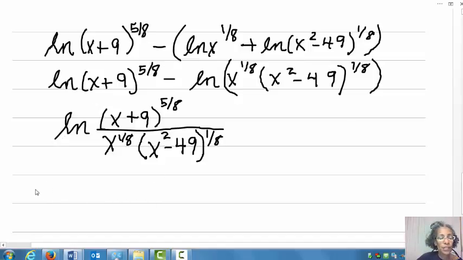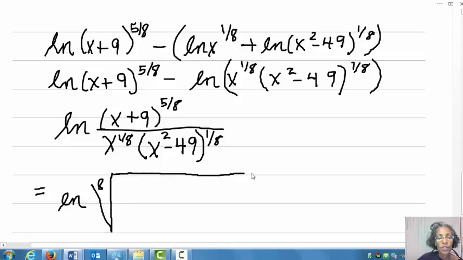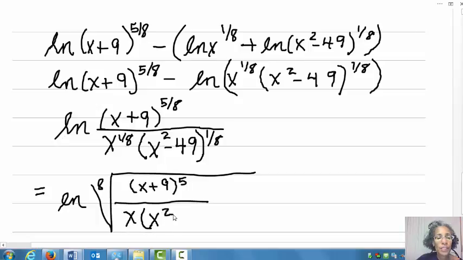So for me to continue here, I notice every power has a denominator of 8. So instead of writing this as a power, I'm going to write an 8th root. So this is the natural log of the 8th root of x plus 9 to the 5th over x times x squared minus 49.